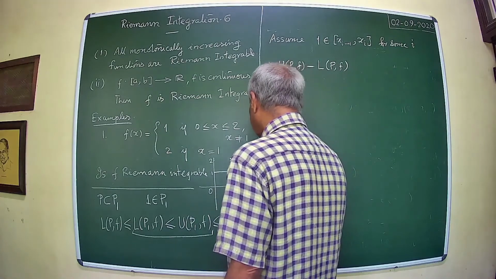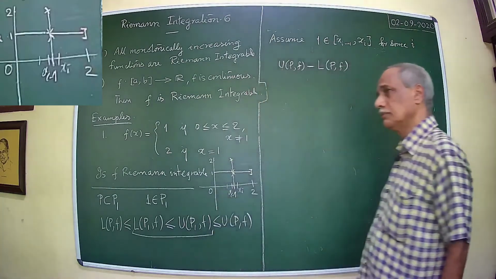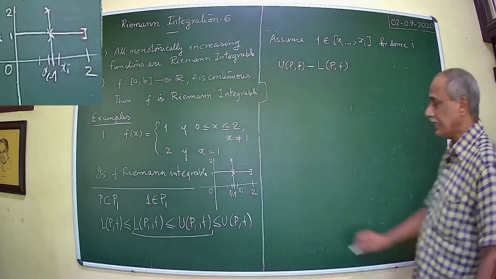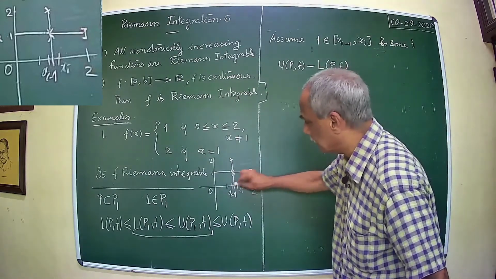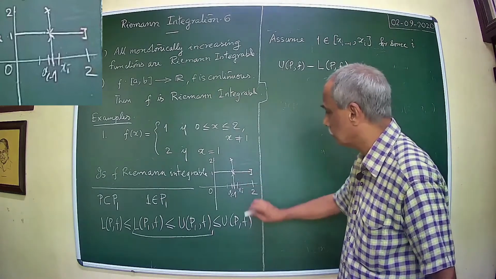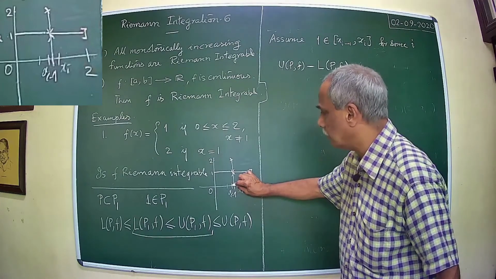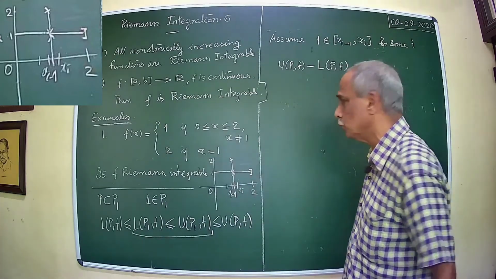So this is your x_{i-1}, this is your x_i. In this interval, the minimum of the function is equal to 1 and the maximum of the function is equal to 2.